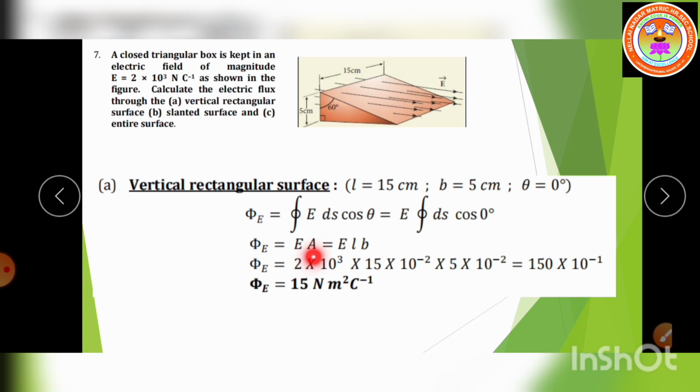Area is equal to length into breadth. So E into L into B. What is the value of E they given? 2 into 10 power 3. And what is the value of L they given? 15 centimeter and breadth 5 centimeter. So here, E is 2 into 10 power 3, L is 15 into 10 power minus 2, breadth is 5 into 10 power minus 2.